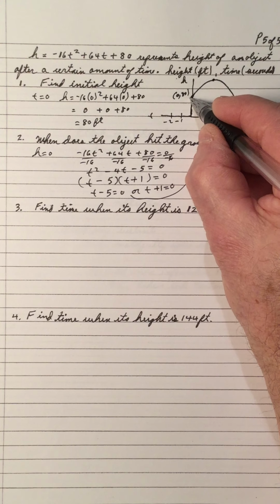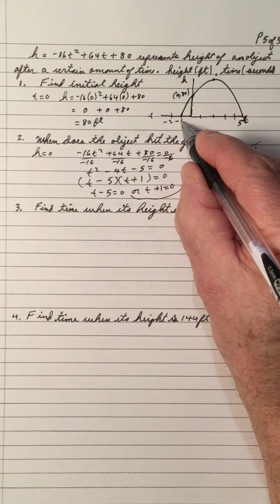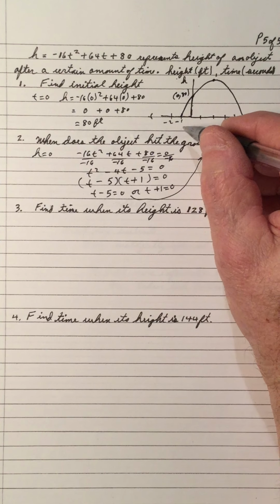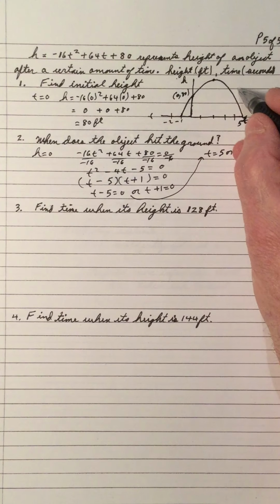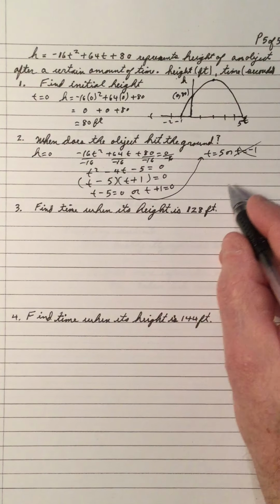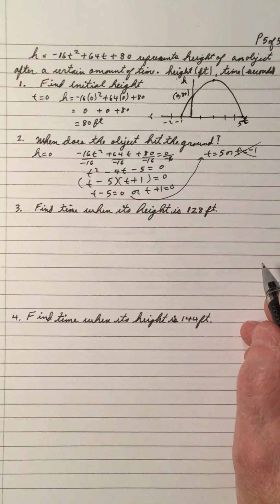So if we draw this parabola coming down like this, yes, this is the negative 1, but we can't have it in the real world. A parabola can do this, but we can't have negative time of negative 1. So we have to ignore negative 1, and 5 seconds is over right here when it hits the ground.